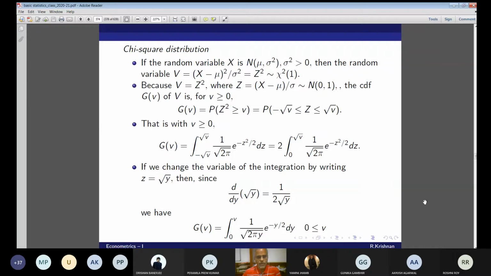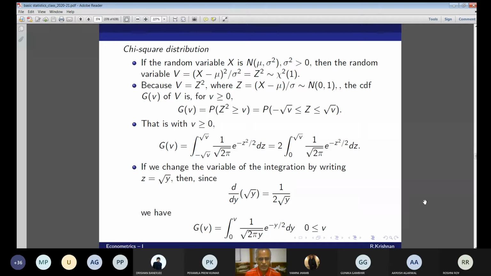So if the random variable X has mean mu and variance sigma square greater than 0, then the random variable ((X minus mu) whole square) by sigma square is equal to z square, which is distributed as a chi-square distribution with 1 degree of freedom. How do you show this?